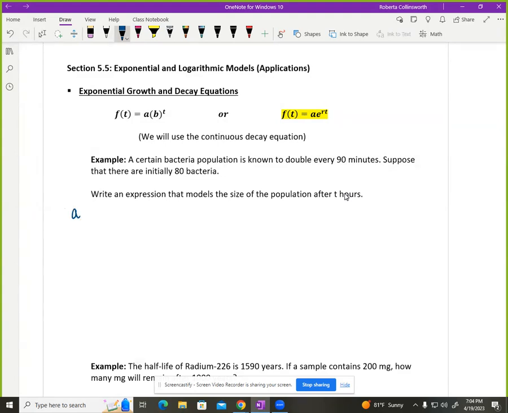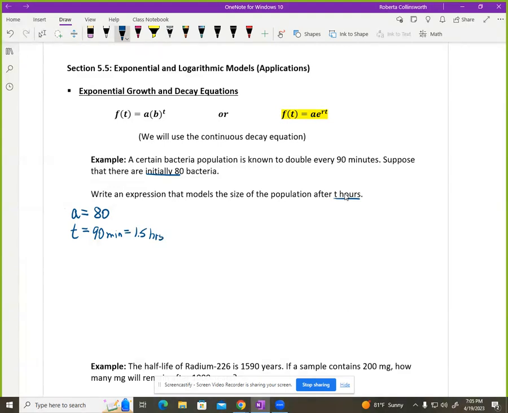I'm going to write down what I know. I have initially 80 bacteria, so A is 80. Remember, our initial amount is 80. I have time, that is 90 minutes, but my question says they want the time to be in hours, so I'm going to change that to 1.5 hours.